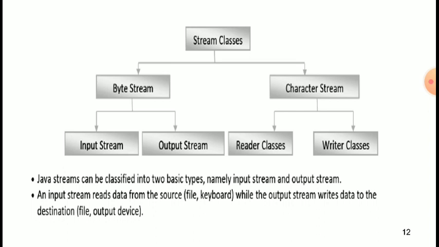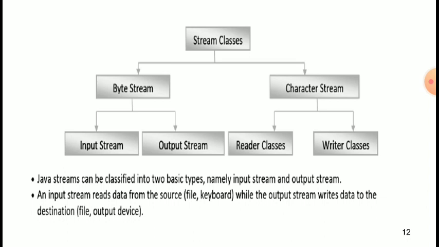The java.io package contains a collection of stream classes that support reading and writing in a file. To use these classes, a program needs to import the java.io package.